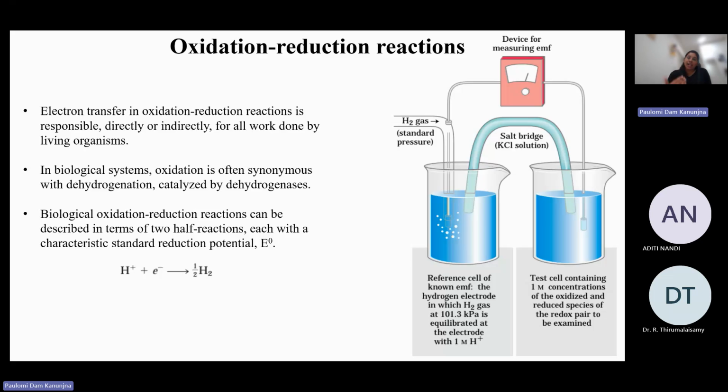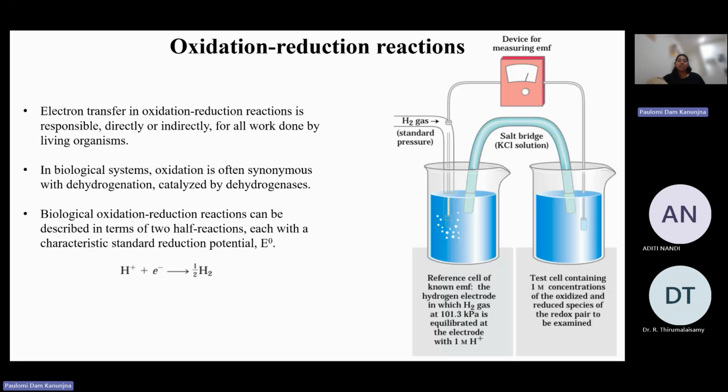So if you are getting dehydrogenated, you are basically getting oxidized. And the class of enzymes that will generally catalyze these reactions are dehydrogenases, right? As the name suggests, they help in dehydrogenation, right?